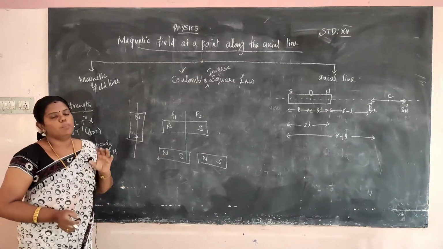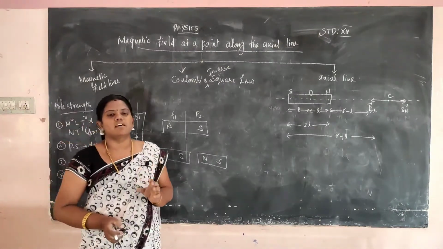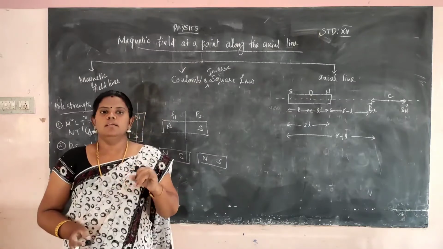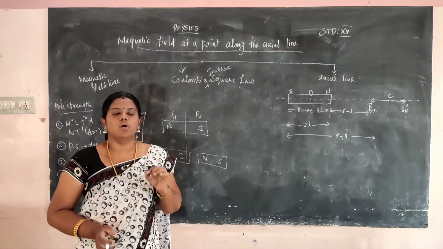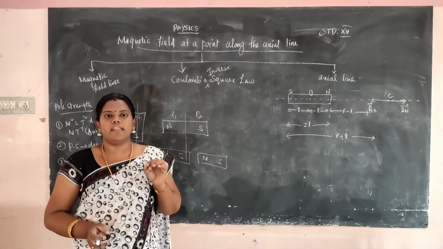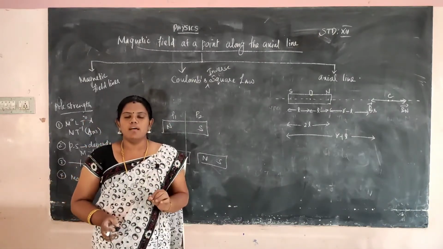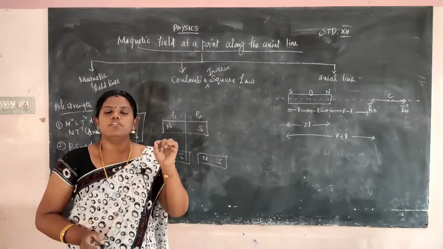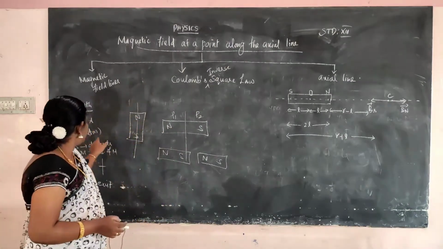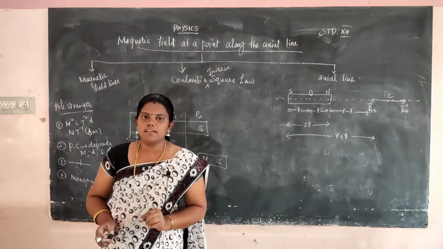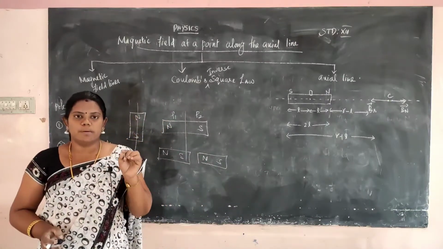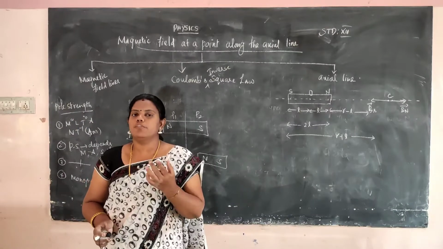So, according to pole strength: first, it is the strength of each pole of a magnet. Second, the pole strength dimension formula is M^0 L^1 T^0 A^1, and the SI unit of pole strength is ampere meter. Pole strength depends upon the nature of the material, the area of the surface of the magnet, and some specific nature of magnets.